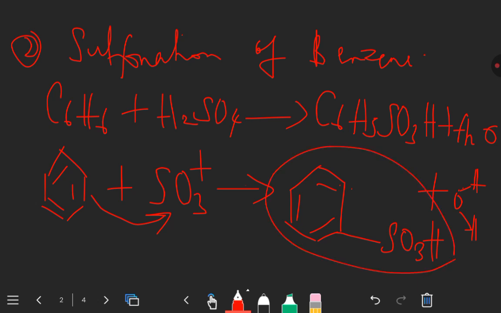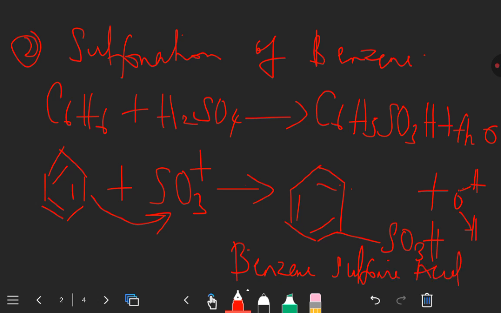So this product which is formed is what is known as benzenesulfonic acid. So this is how this reaction is able to take place.